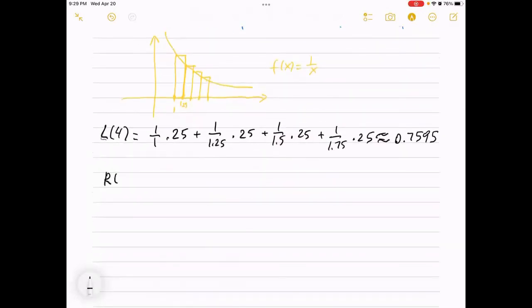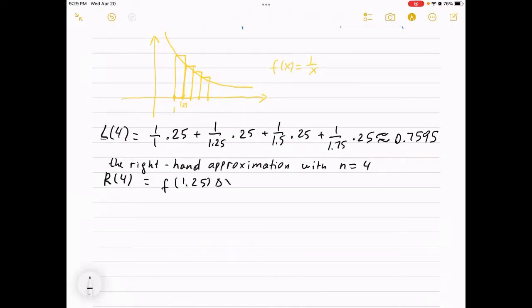So R4, the right hand sum with n equal to 4. We're going by right points, so we get f of 1.25 times delta x, plus f of 1.5 times delta x, plus f of 1.75 times delta x, plus f of 2 times delta x.